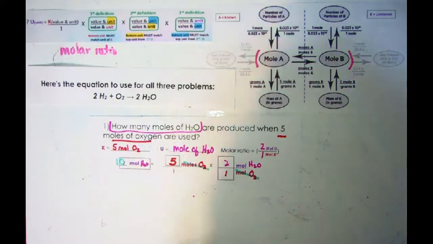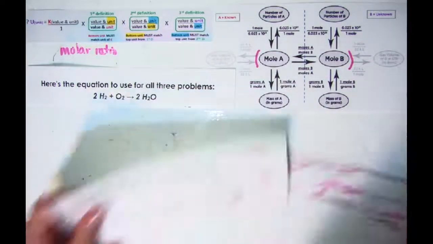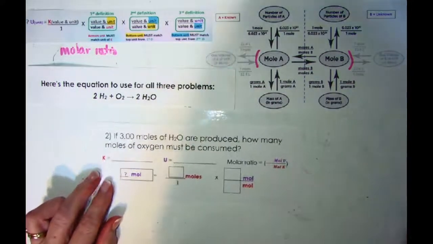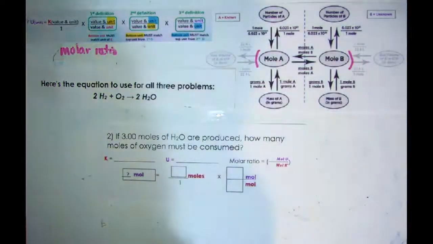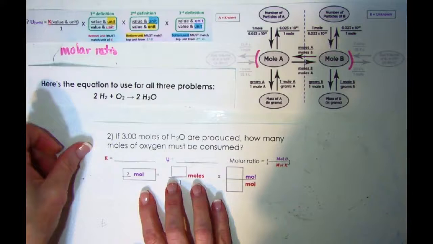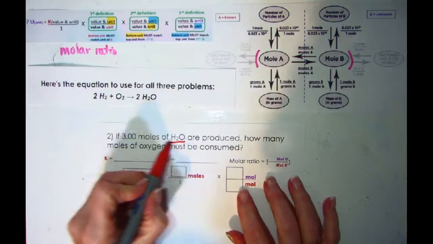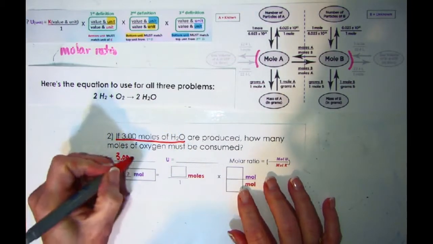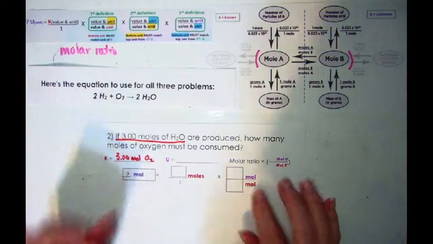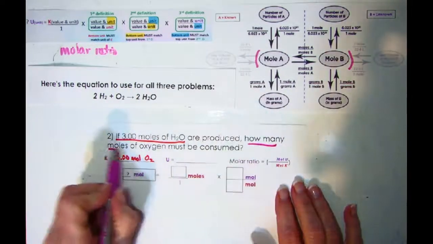Let's try it again with problem number 2. We have 3 moles of H2O. That means this is our known, and we're asking for how many moles of oxygen.